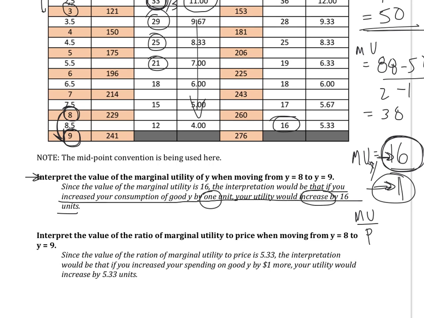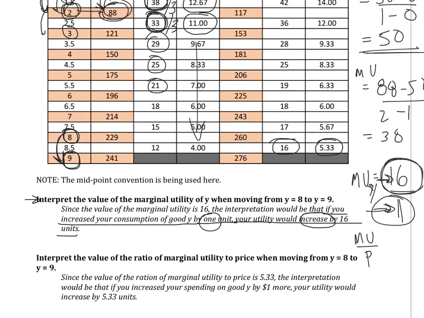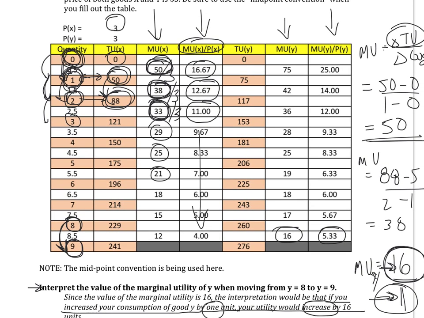We calculated that value to be 5.33. Let me scroll up so you can see this is the column that shows the ratio of marginal utility to price. We got 16 divided by the price of 3, which gives us 5.33.